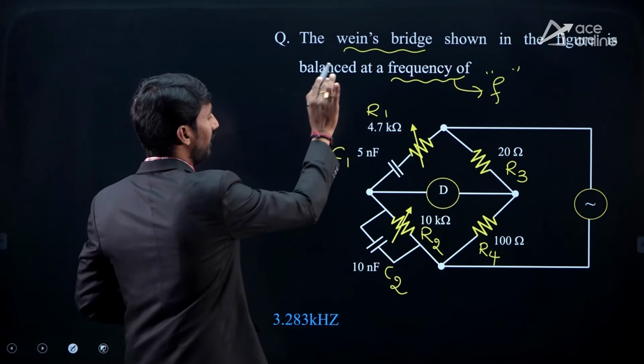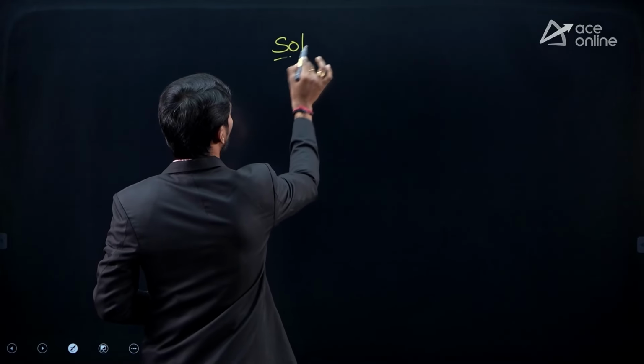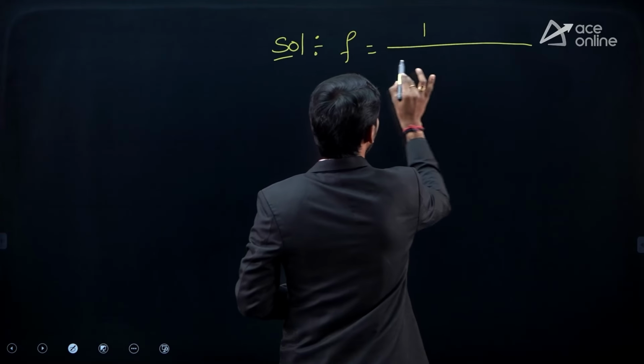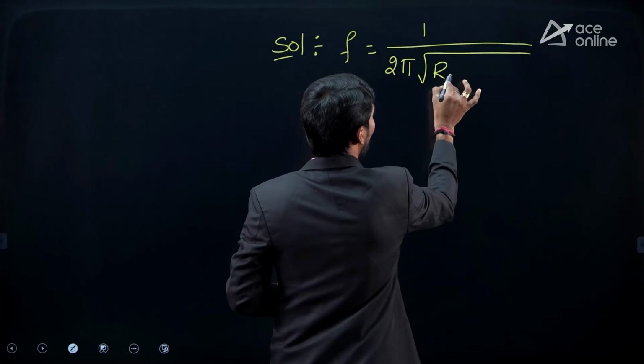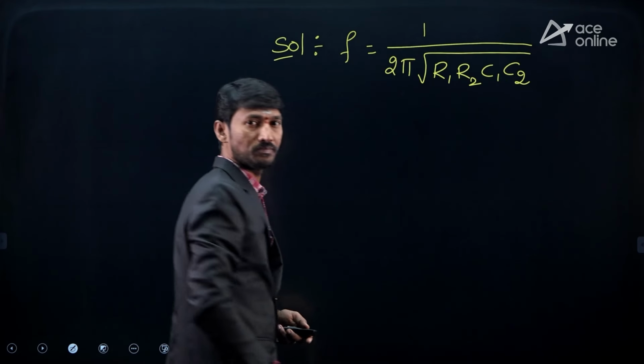Now, in the Wien's bridge, what is the formula for frequency? The frequency formula is 1 by 2 pi root of R1 R2 C1 C2.